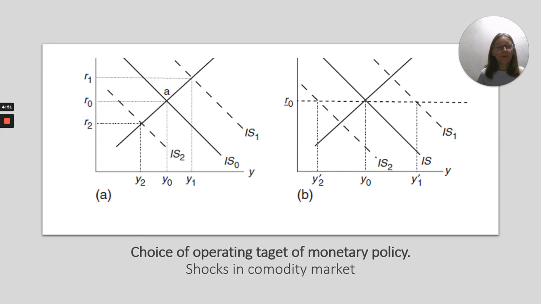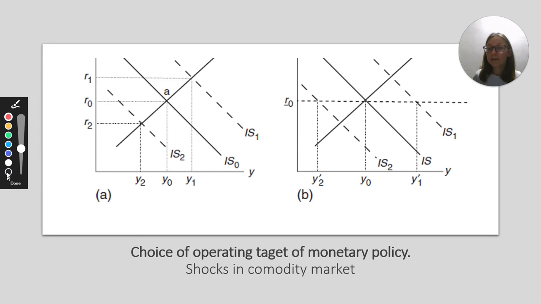In order to keep the interest rates at the same level, the central bank should lower the money supply, or should decrease the money supply, which would be seen as a leftward shift of the LM curve as well.